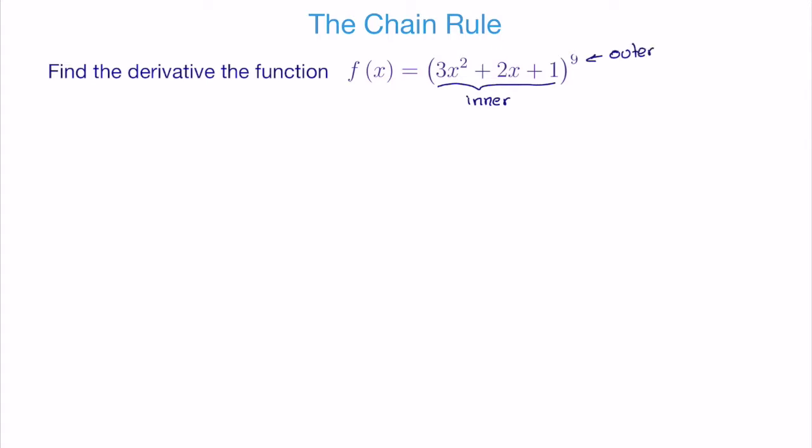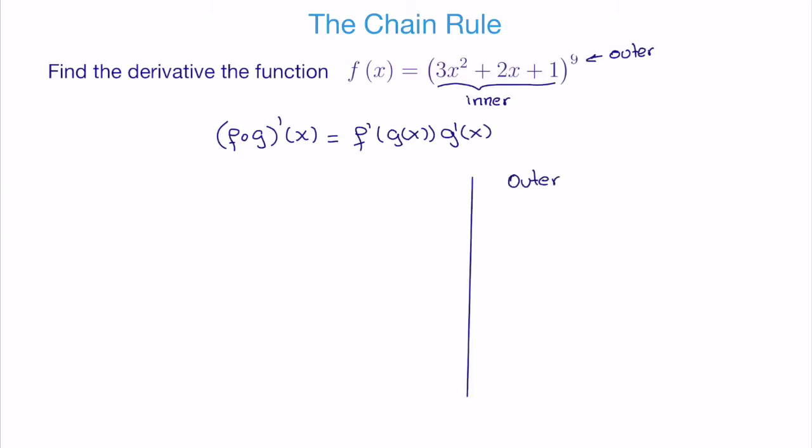The chain rule tells me to derive the composition of f and g at x, we must derive f, keep g inside, and multiply by the derivative of g. Let's do it. My outer function is x to the 9th power. The derivative of the outer function is 9x to the 8th power. Then you want to keep g inside and multiply by the derivative of the inner function.